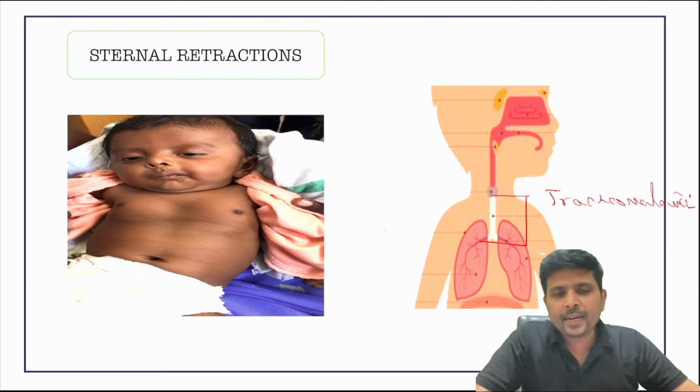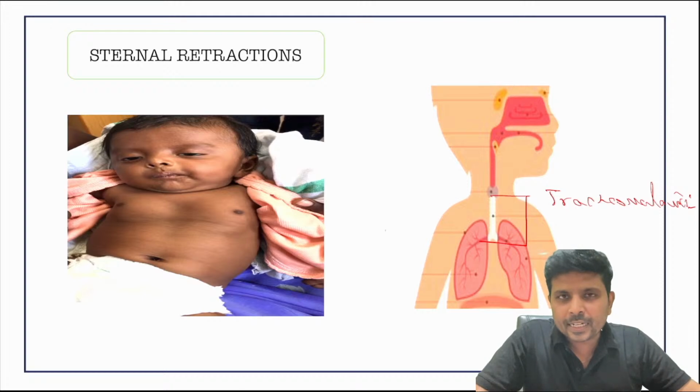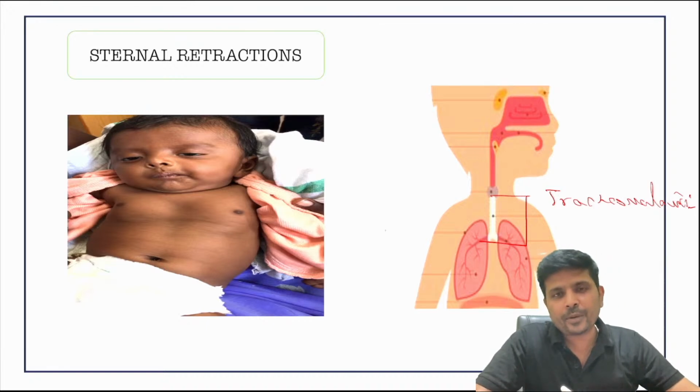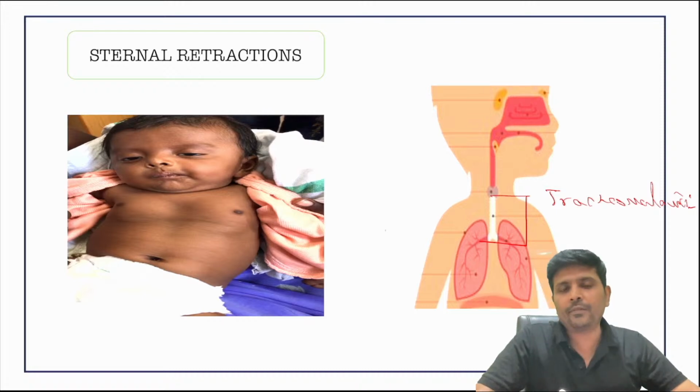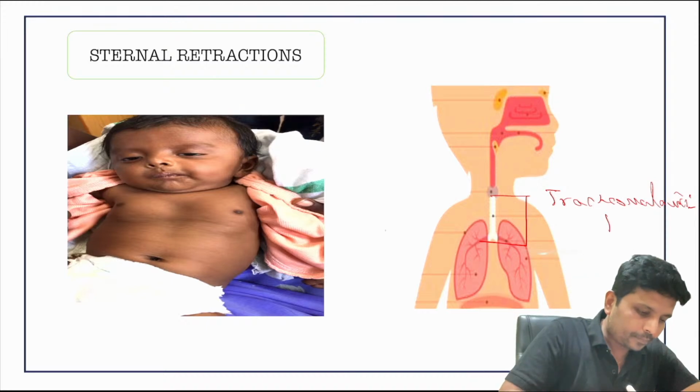Right. Then suprasternal retraction, the most common cause is laryngomalacia. Sternal retraction, the most common cause is tracheomalacia. What is the finding with respect to laryngomalacia and tracheomalacia? In laryngomalacia, you will have only stridor, whereas in tracheomalacia, you have stridor along with cough, because the trachea is the place where cough receptors are abundant.